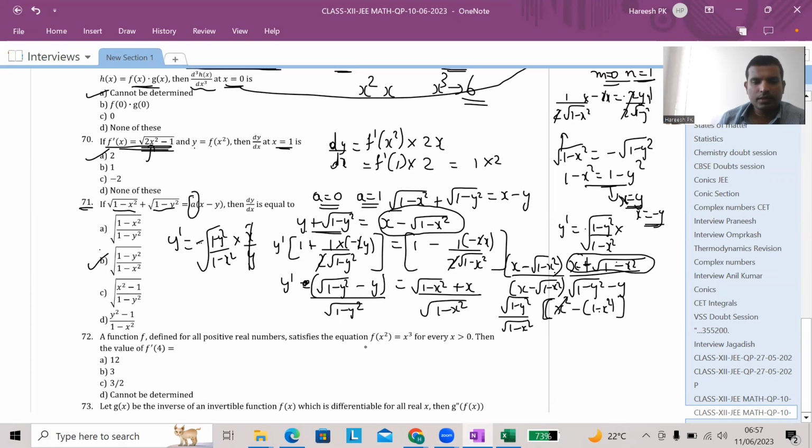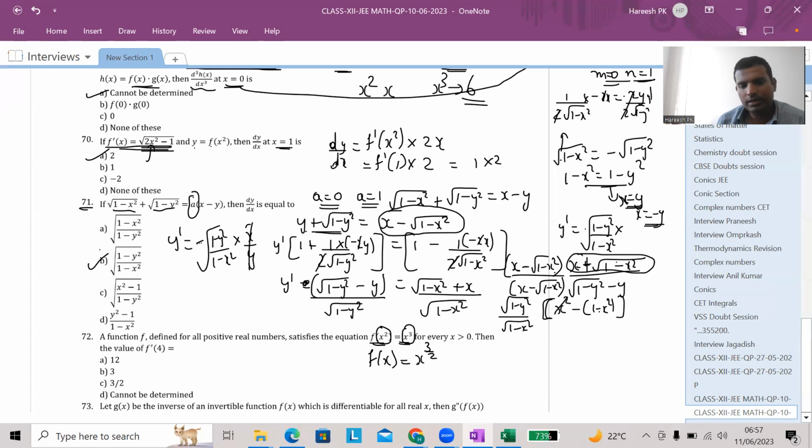Next one, when they give f of x square is equal to x cube, that means f of x will be x power 3 by 2, isn't it? When I replace x square with x, I also have to reduce the power by half.